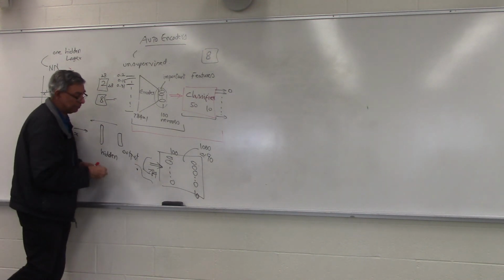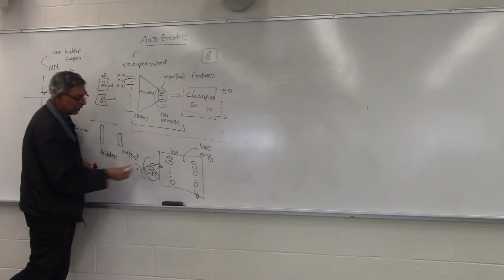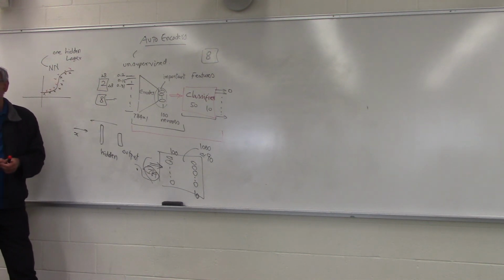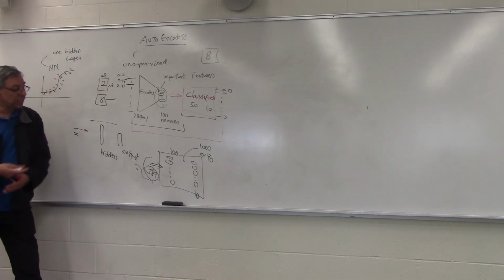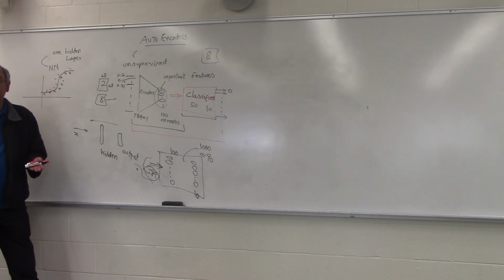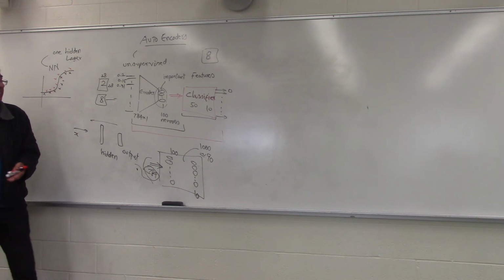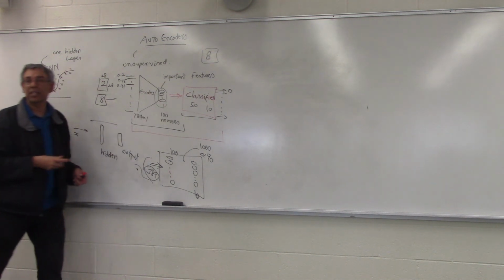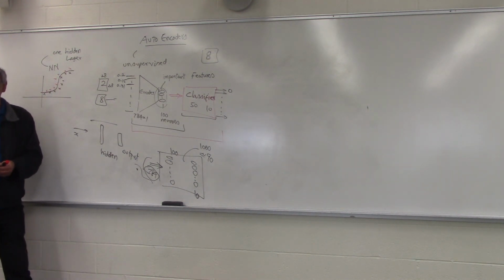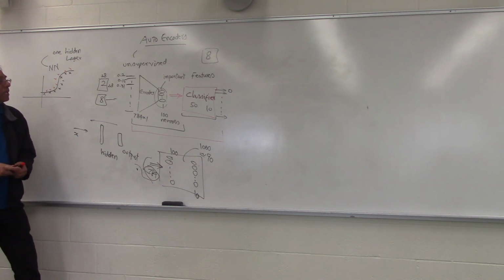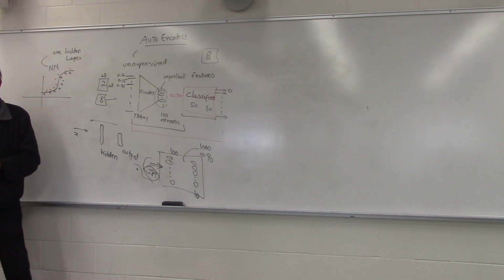Whereas in the 784 dimensions, is every pixel equally important? The majority of the pixels don't have anything to do with the digit. So theoretically, you can convince yourself that this will be a better approach.